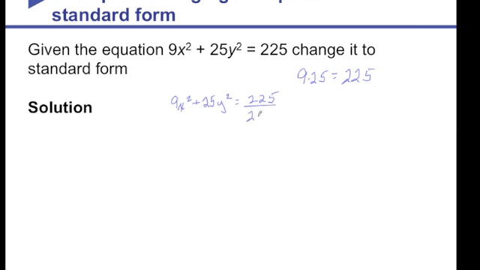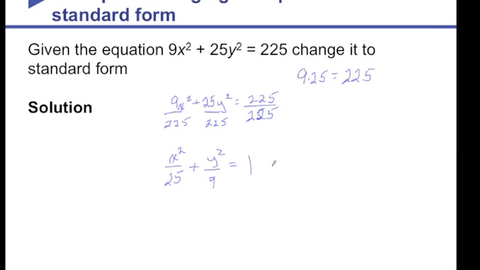I divide by 225, and since we know it's 9 times 25, if I take the 9 out and reduce it, I'll get x squared over 25 plus, here I can take the 25 out and get y squared over 9 equals 1.